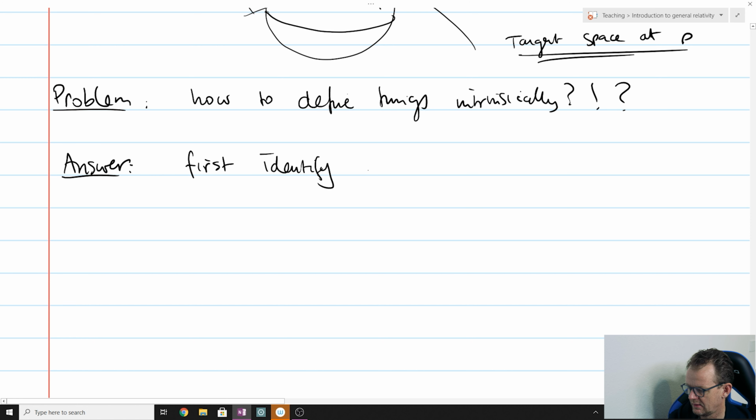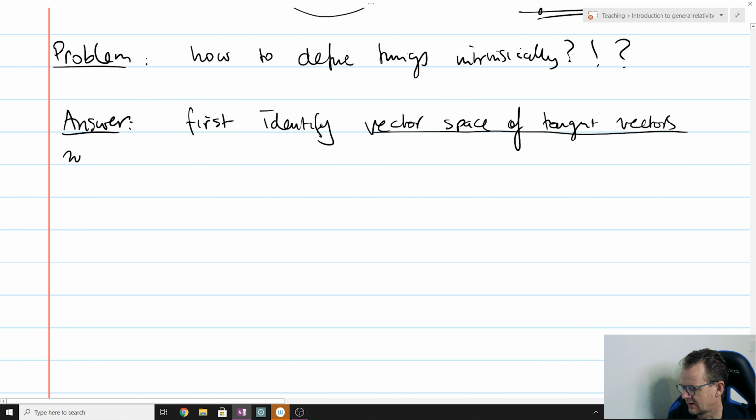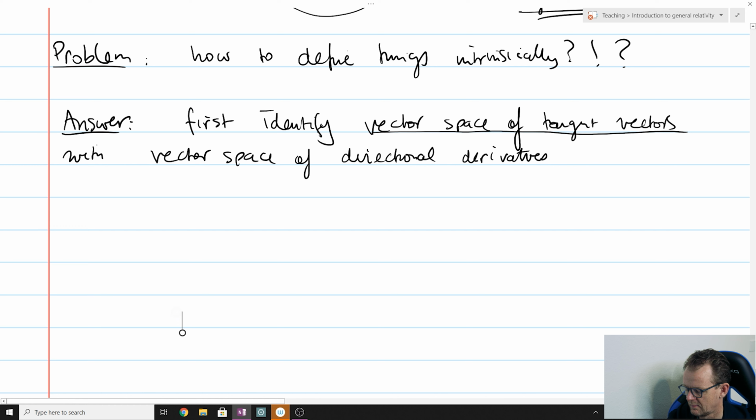So we first identify the vector space of tangent vectors with another vector space, namely the vector space of directional derivatives, and then we don't define tangent space intrinsically, we define directional derivatives intrinsically.